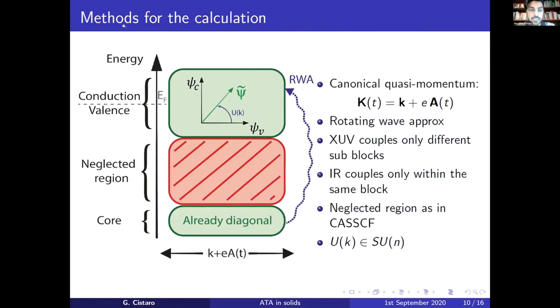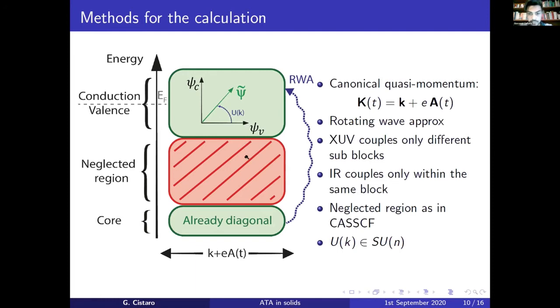So here is how we make the calculation. This is the scheme. We have three different regions in the energy space. We have a core region that we are considering. Then we have a lot of bands that we don't consider because we expect that they are not contributing to our dynamics.